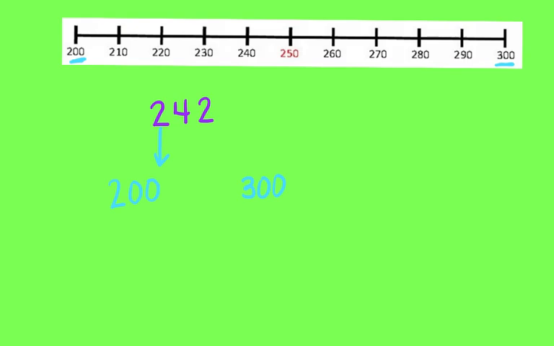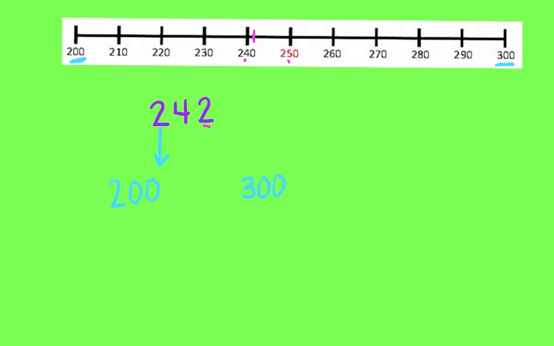Then I go and mark where that number would be on the number line. Well, I know 242 is in between 240 and 250. And the 2 tells me it is closer to 240.